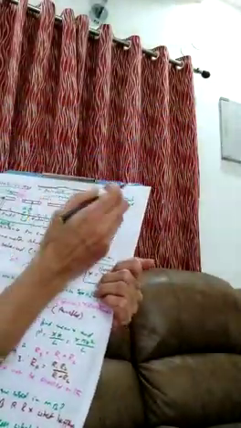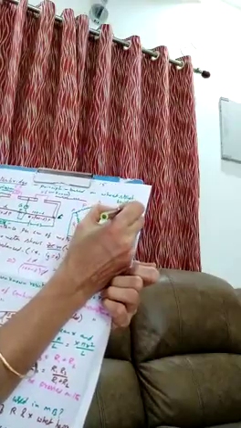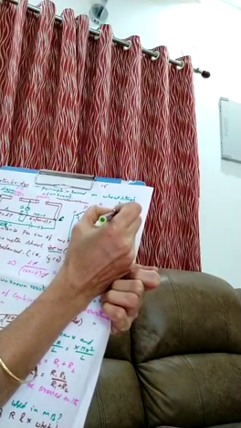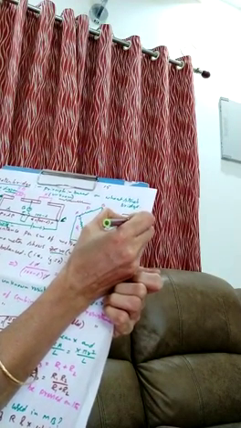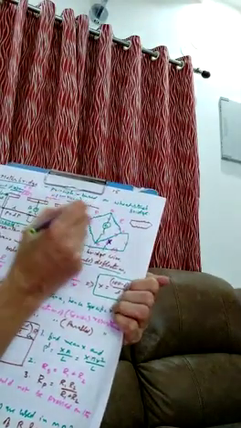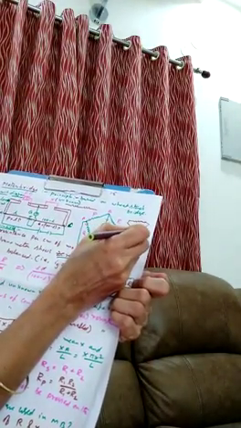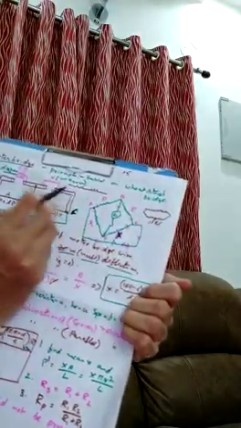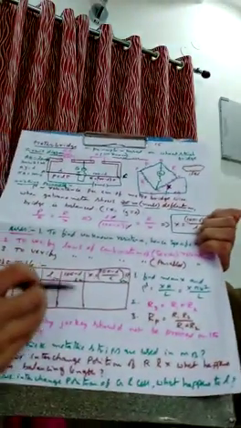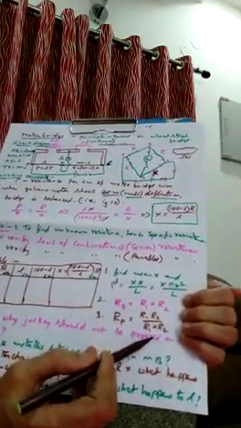Okay, and the parallel combination is also the same. First you find out R1, then find out R2, then in the parallel combination the connection is like this. This is the parallel combination. Connect here, and again take the 3 readings, take the mean, and find out the theoretical value.